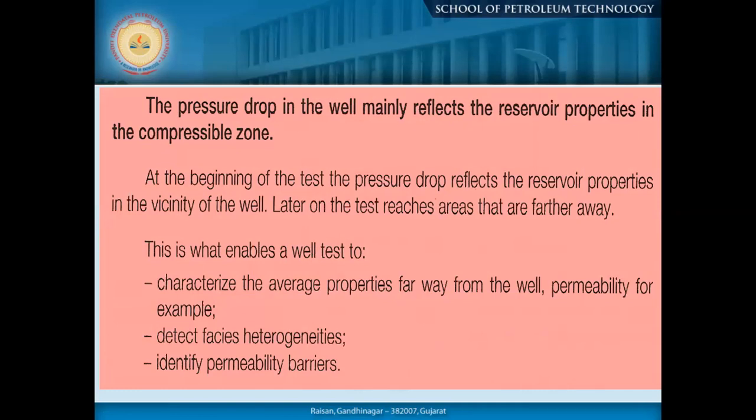Then slowly the compressible zone will reach your normal reservoir. Then with time maybe it will reach the boundary. That means whenever we are recording our pressure, initially it will give us particularly the wellbore storage and skin, what is the skin around the wellbore or the wellbore surrounding environment. Then it will move to the normal reservoir area, and then slowly it will move to a boundary.